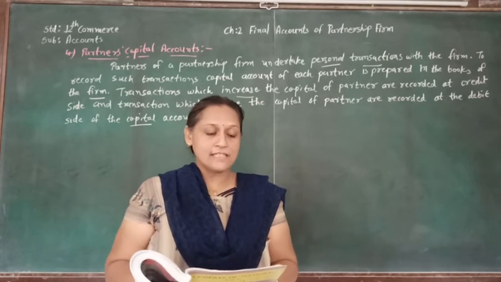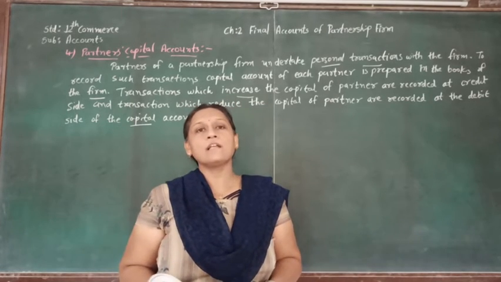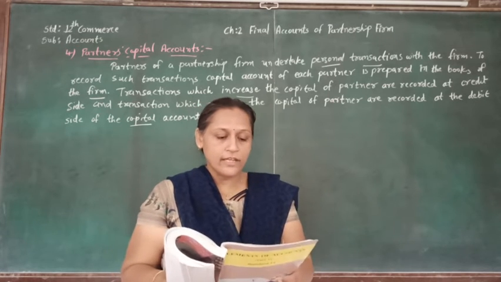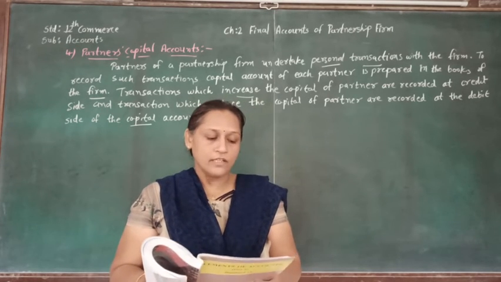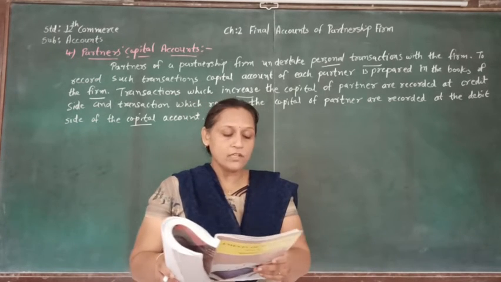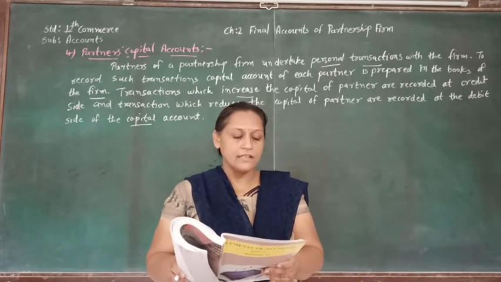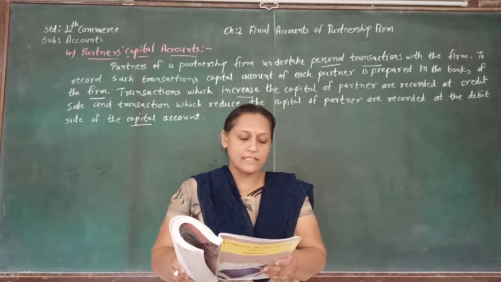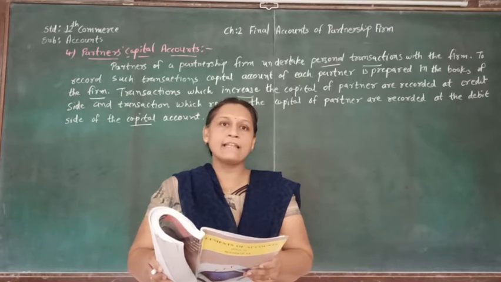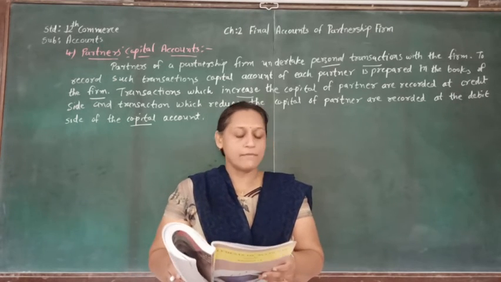Okay, now let's see the specimen of partner capital account under the fixed capital account method. On the debit side of partners capital account, whatever withdrawal of capital there is by the partner, whether in cash, by bank, or as any other asset, is supposed to be debited.